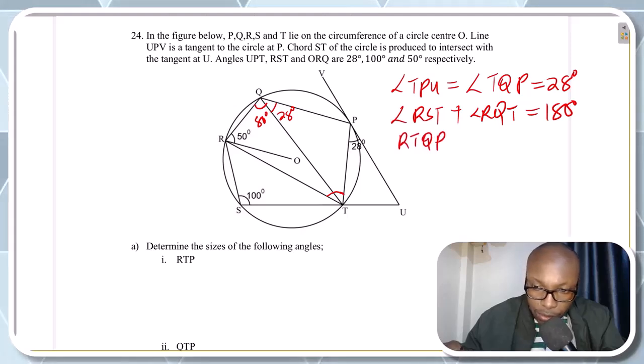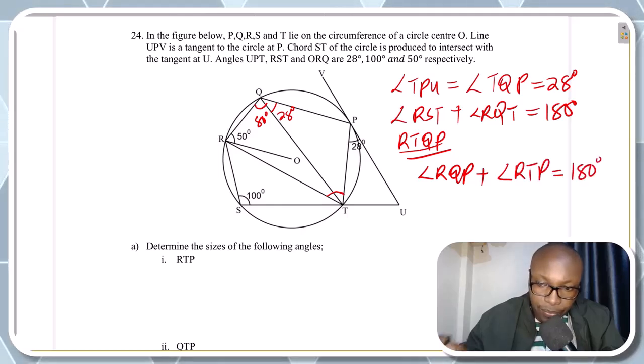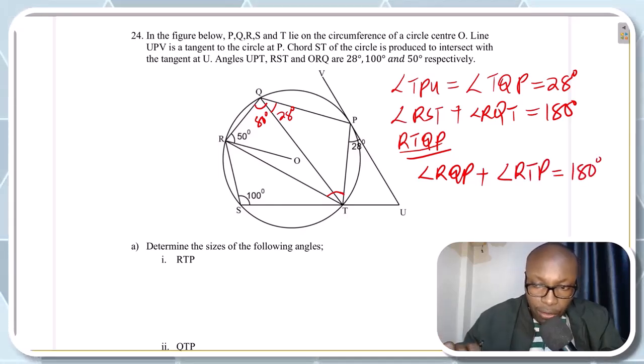Look at that quadrilateral, and then look at this angle RQP. Angle RQP plus angle RTP, which is the required angle we are supposed to get, should give 180. Again, these are opposite angles in a cyclic quadrilateral.